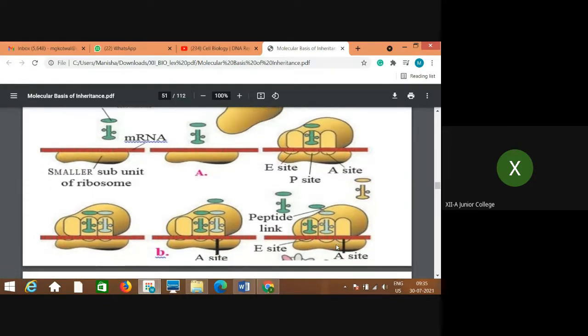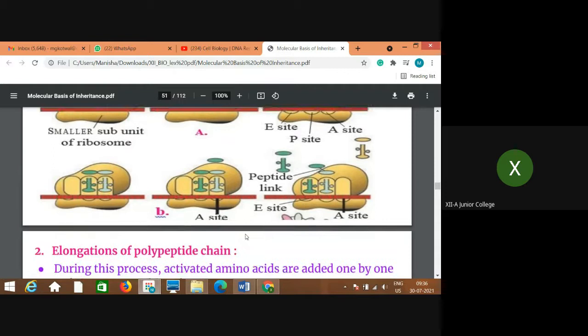In this way, a long chain of amino acids is formed, and once the chain of amino acids is formed, the large and small subunits get released from each other. They get dissociated from each other, and the tRNAs also, once they release the amino acid, are free and dissociated. They also get released in the cytoplasm. The releasing factor is what it is called.